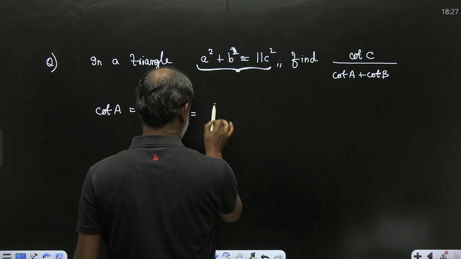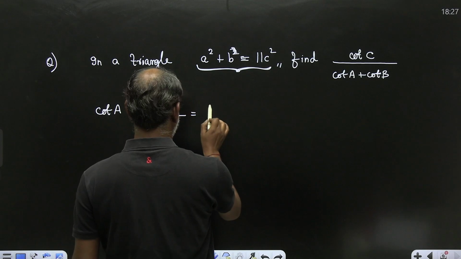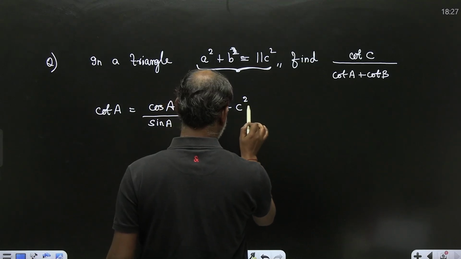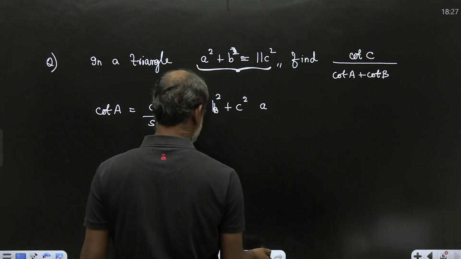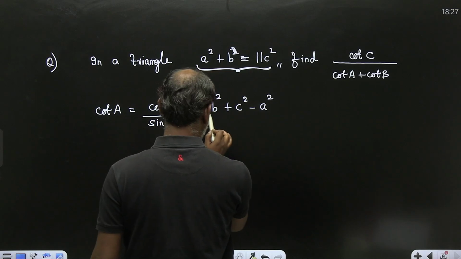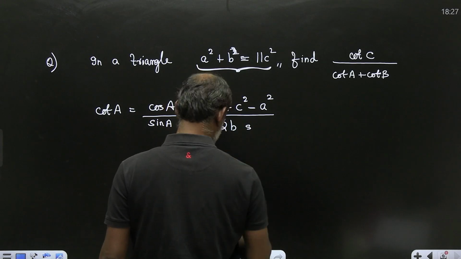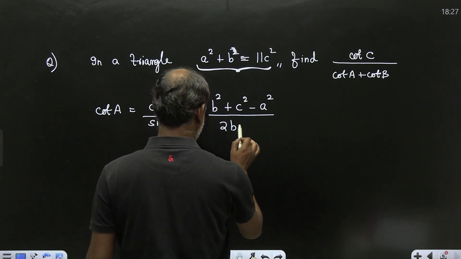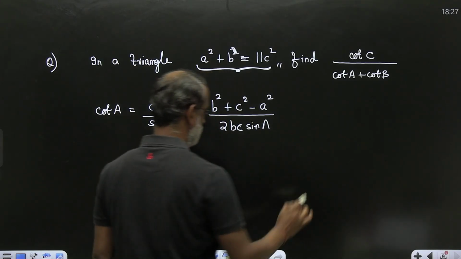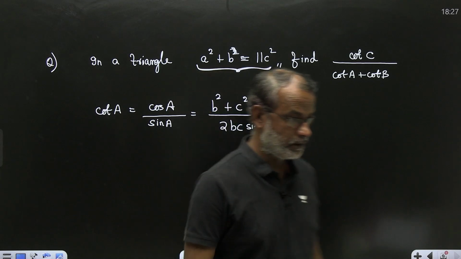We have just gone through the formula. B square plus C square minus A square upon 2BC.